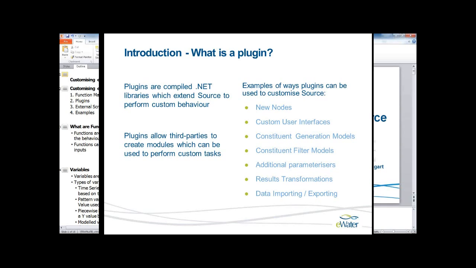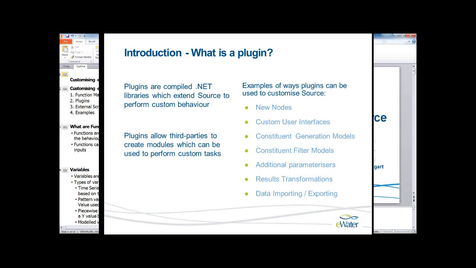So plugins. Plugins are compiled .NET libraries that extend Source to perform custom behavior. It allows third parties to create modules that can be used for custom tasks. Examples of plugins that people have used: you can do your own nodes in the schematic or the geographic.